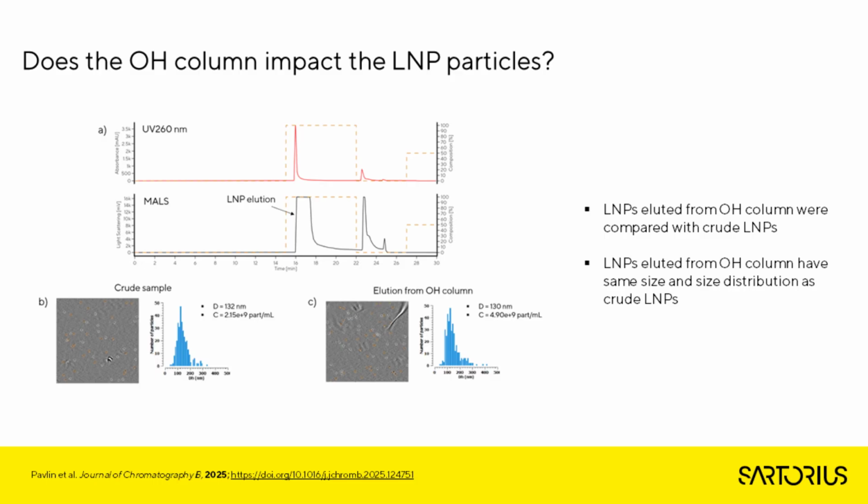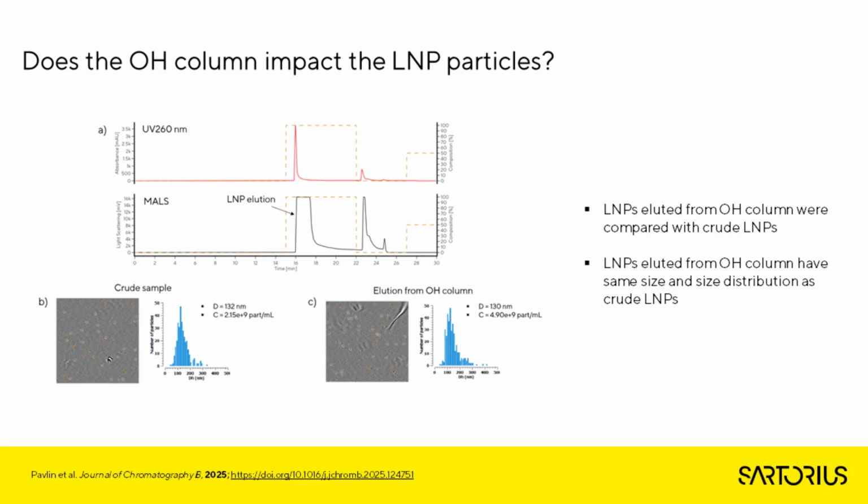Of course, we were then interested in whether binding and eluting the particles from the OH column impacts the LNP particle size. So we measured the size of the crude sample of LNPs directly from the machine. The size of these particles was around 132 nanometers.